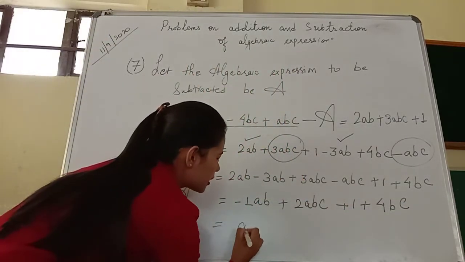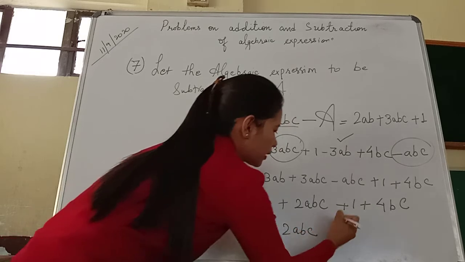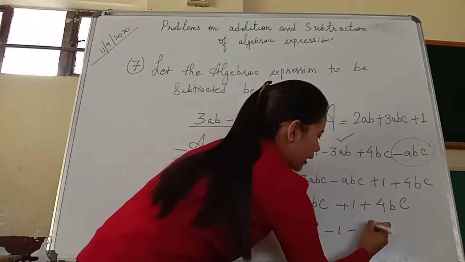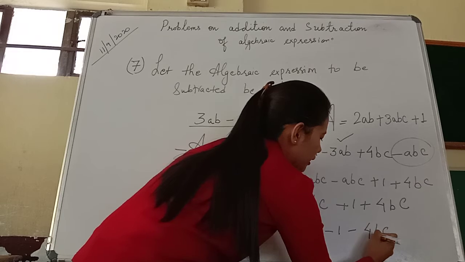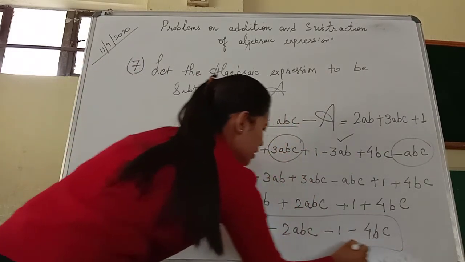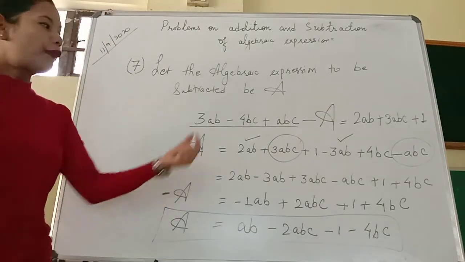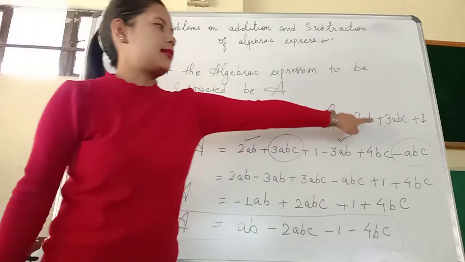So this becomes AB, this becomes minus 2ABC, this becomes minus 1, and this becomes minus 4BC. So this gives our answer, which says we need to subtract this expression from this to get this.